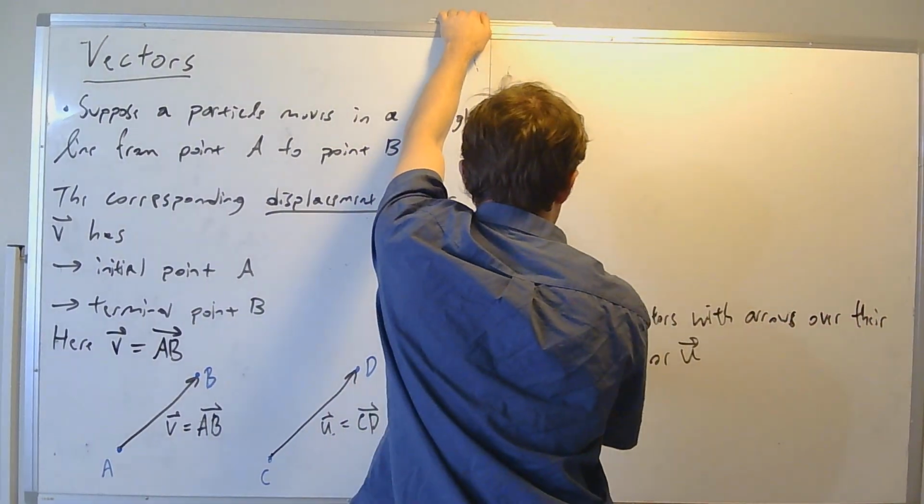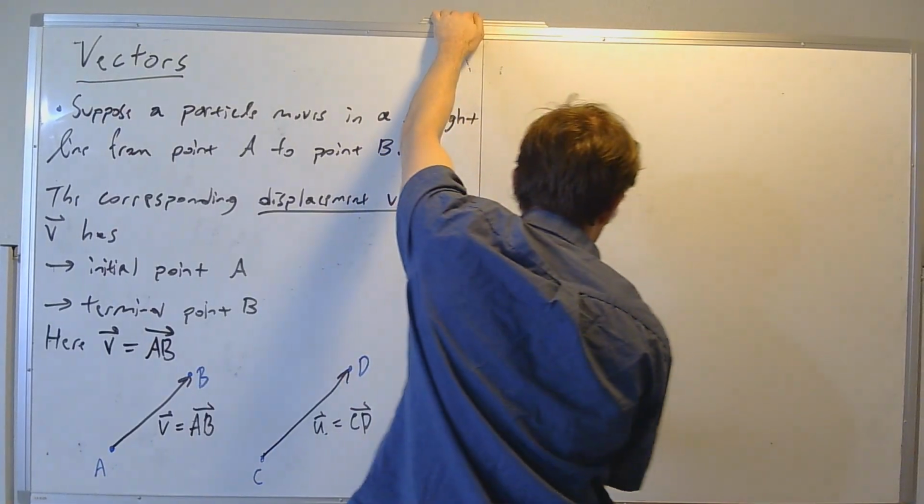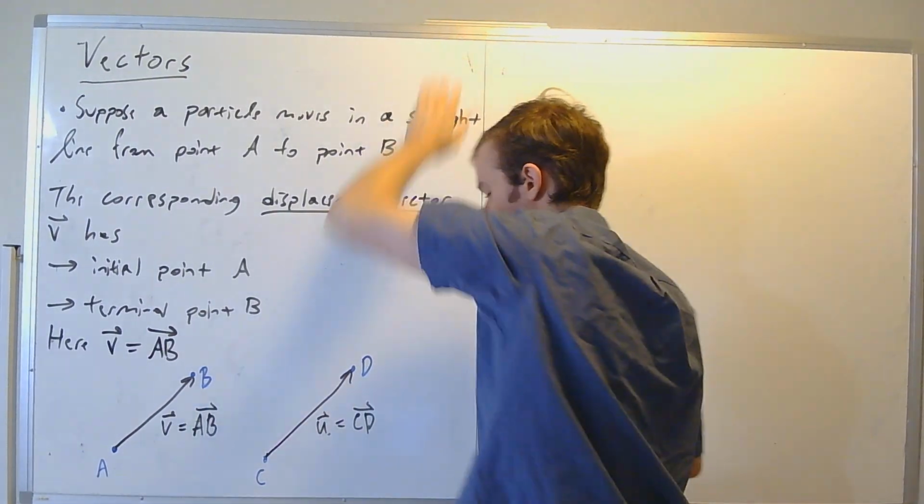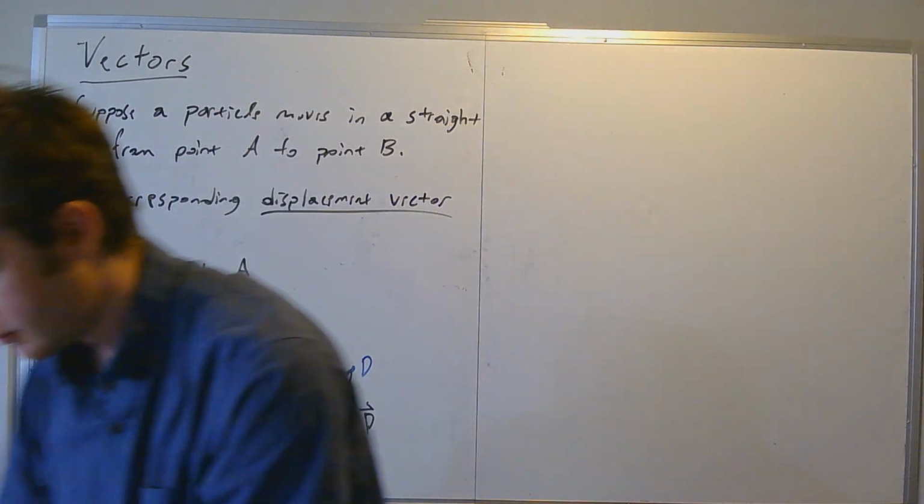So it doesn't matter that they start and end at different points. If they have the same magnitude and direction, then they're equivalent vectors.